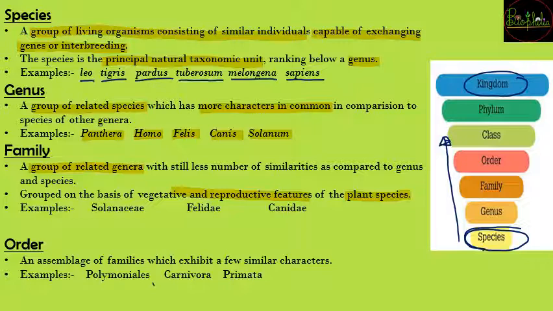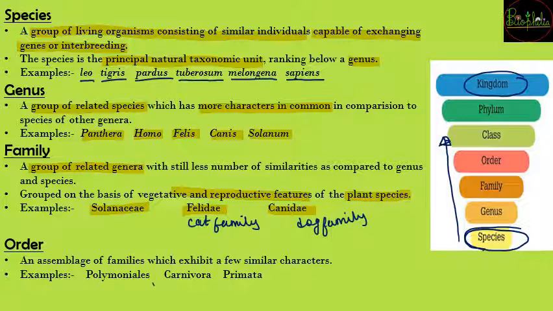Examples of family can be Solanaceae, Felidae, Canidae. Felidae is the cat family, which includes all cats, the lion, tiger, the leopard. All these are grouped under the cat family Felidae, whereas Canidae is the dog family, which includes dogs, wolves, fox, all those coming under Canidae.